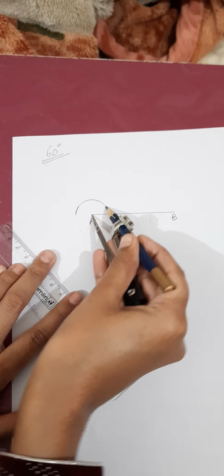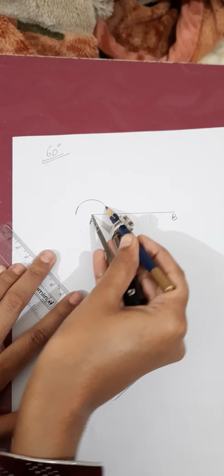That's how you're going to draw the semicircle. Now from this point, draw an arc like this. From this point I have drawn the arc like this, and now this is your 60 degrees. Just join this intersection with A and draw the line.